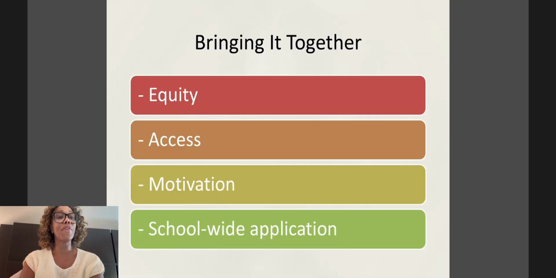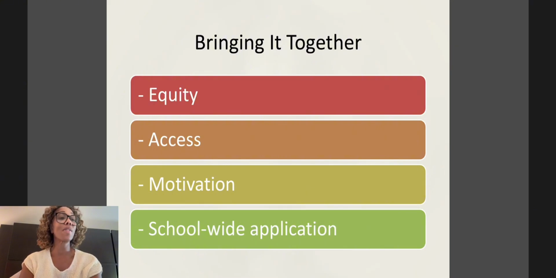Bringing these pieces together, differentiation and engagement work because they align with how the brain learns, how the brain functions naturally. When we vary content and process, we make learning accessible for every student. When we use strategies that spark curiosity and strengthen memory, we increase motivation and retention. These approaches don't require major changes.